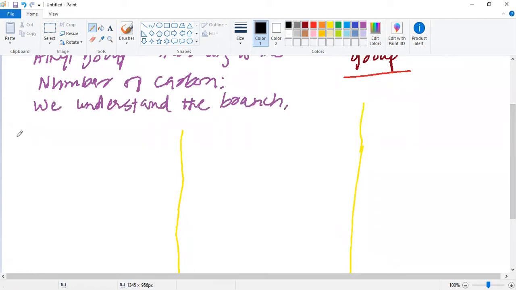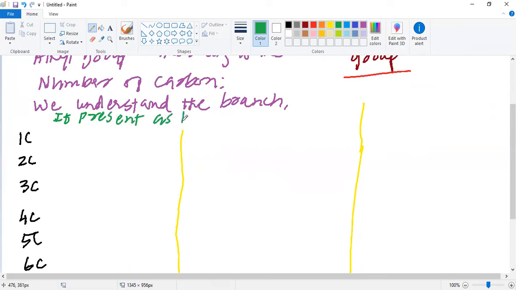So if we have 1 carbon, 2 carbon, 3 carbon, 4 carbon, 5 carbon, 6 carbon, if they are present as a linear chain, my dear students, we will write their name as for 1 carbon, which is generally, my dear student, CH3.